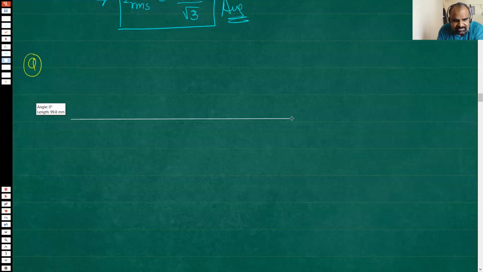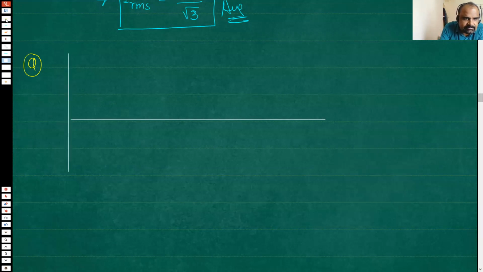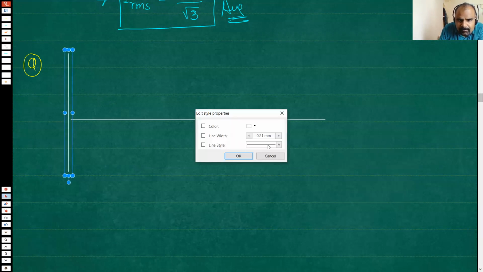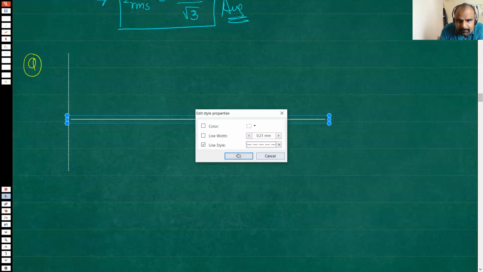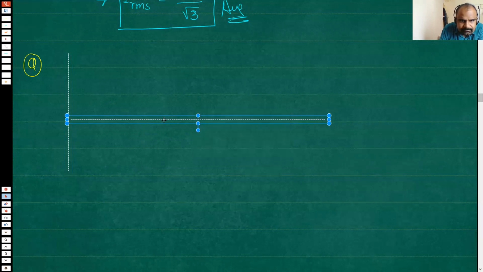So here is our x-axis. Here is our y-axis. And this time, just for a change, I'm writing voltage.